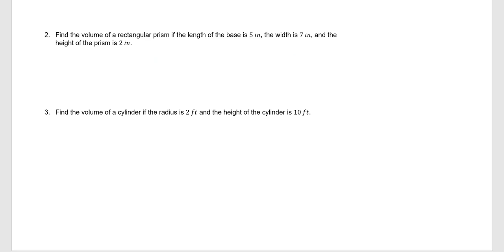Next exercise. Find the volume of a rectangular prism if the length of the base is 5 inches, the width is 7 inches, and the height is 2 inches. So it's a rectangular prism.